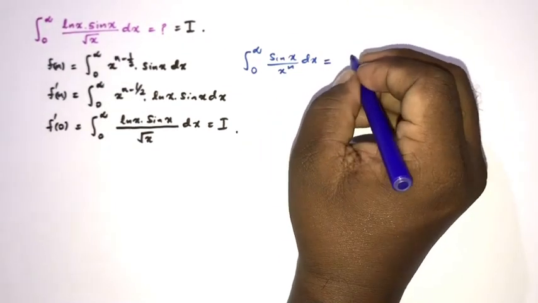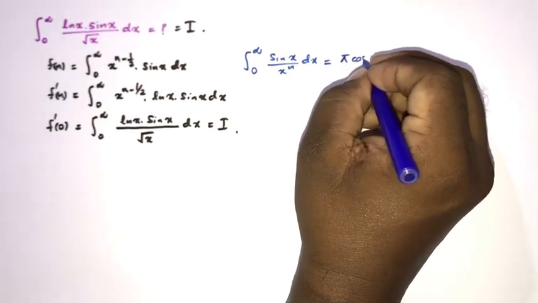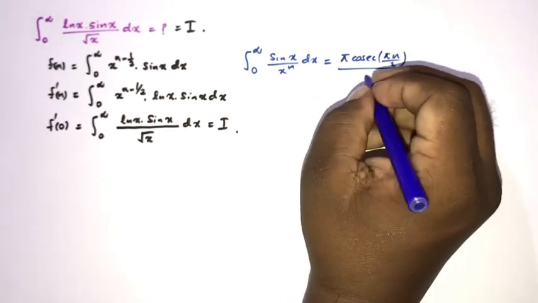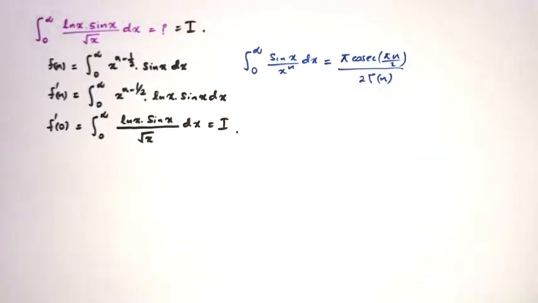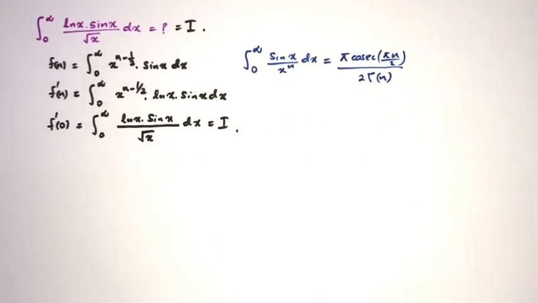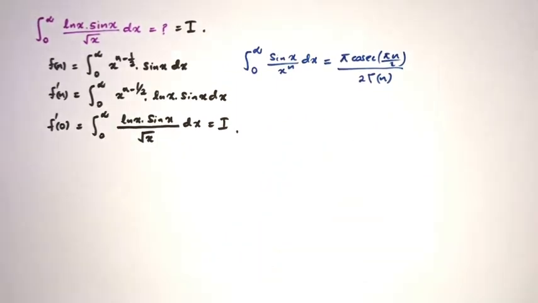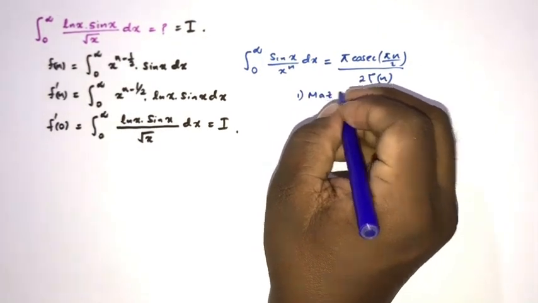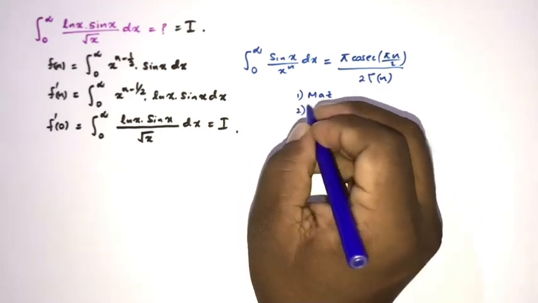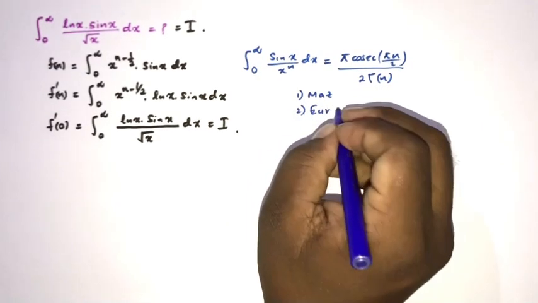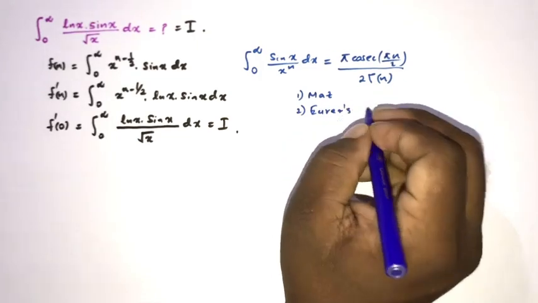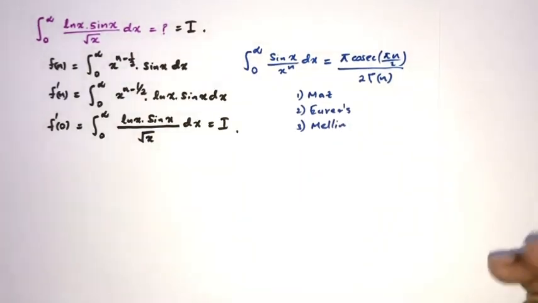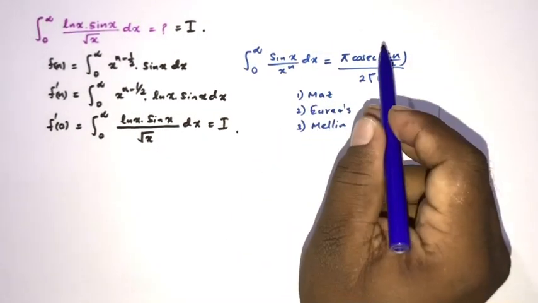This is equal to pi times cosecant of pi n over 2 times gamma of 1 minus n. I evaluated this integral using three methods: first, using a math identity; second, using Euler's formula; third, using the Mellin transform. I will add the link in the description and also make a card.